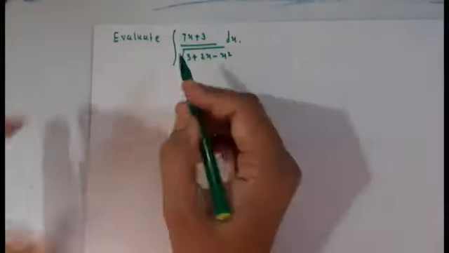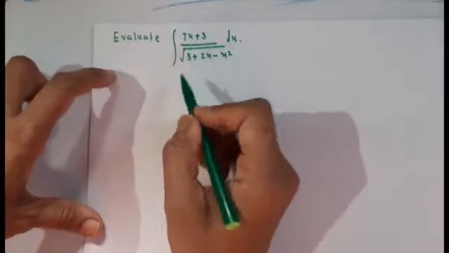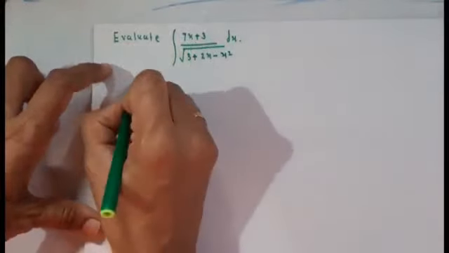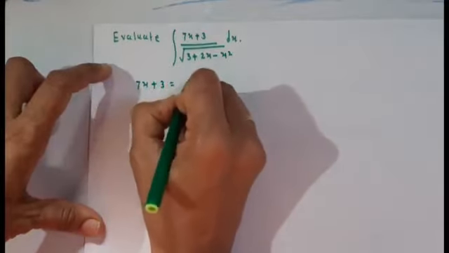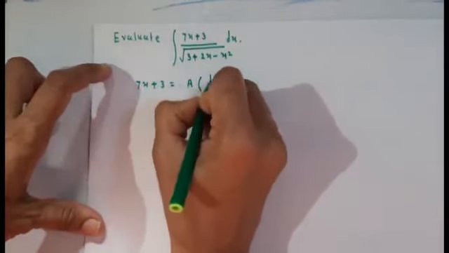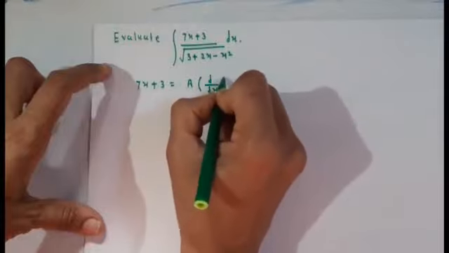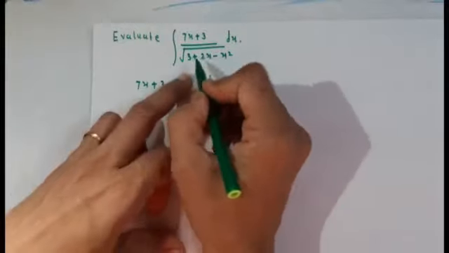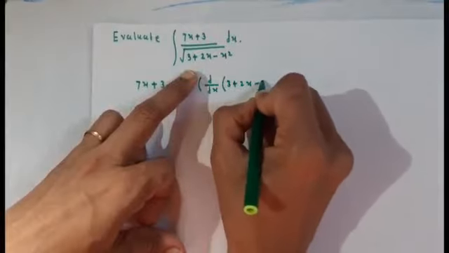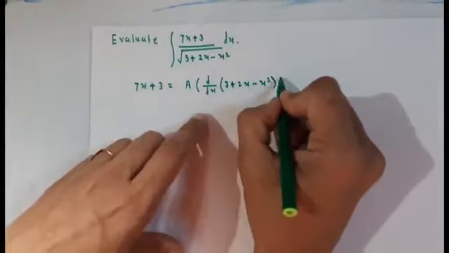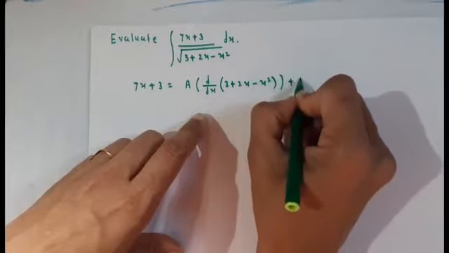Okay, so here the numerator is 7x plus 3, that is equal to a into the derivative of the denominator. Denominator means the term only, that is 3 plus 2x minus x square, plus b.